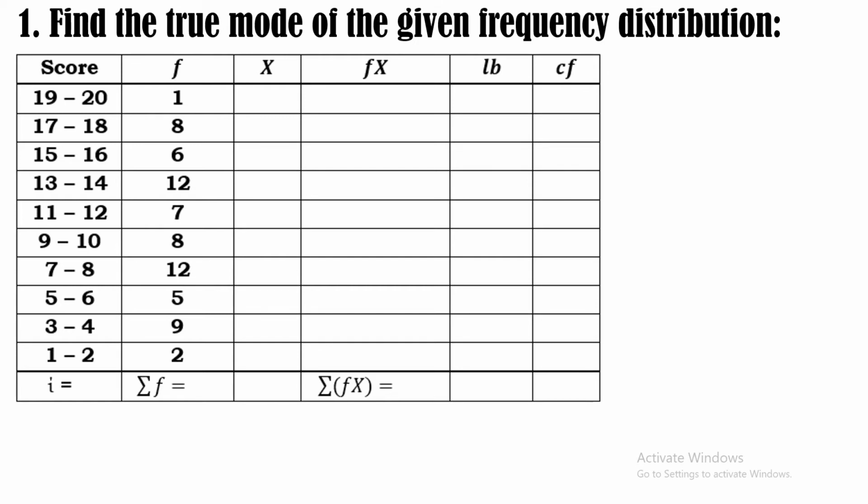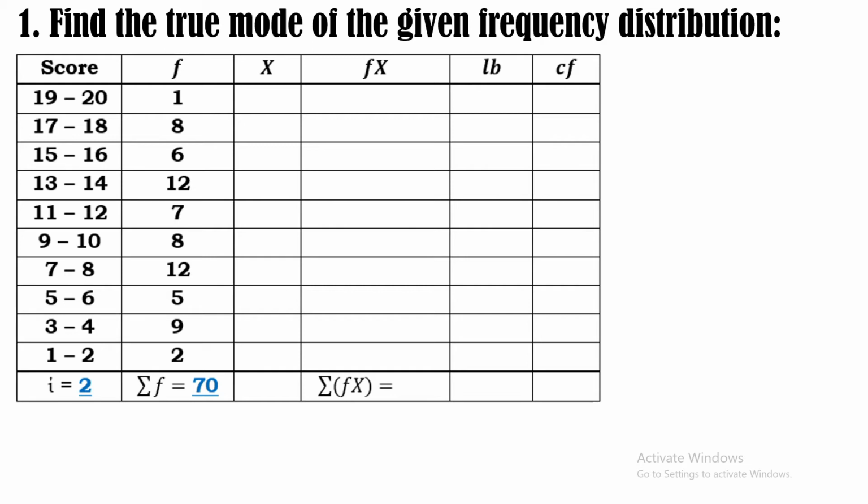Very good. We have 2 because there are 2 numbers included in each class interval. How about the summation of f, or the total frequency? You're right, it's 70. We simply have to add all the numbers under the frequency column.